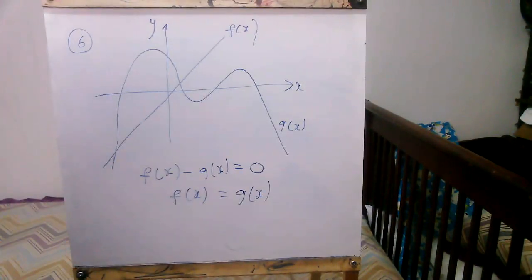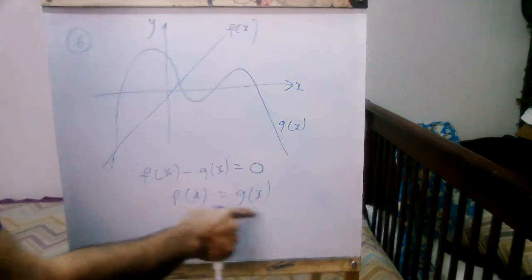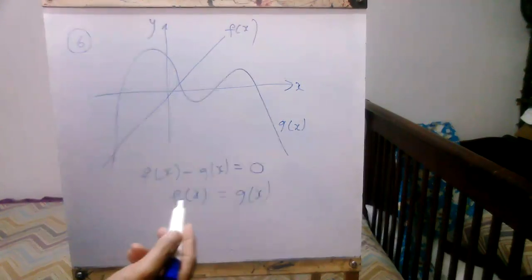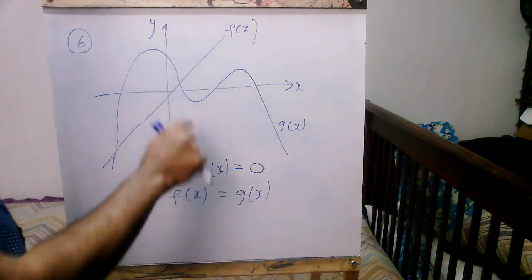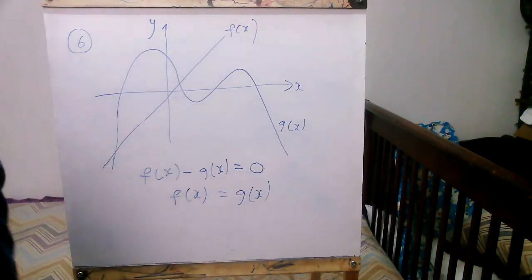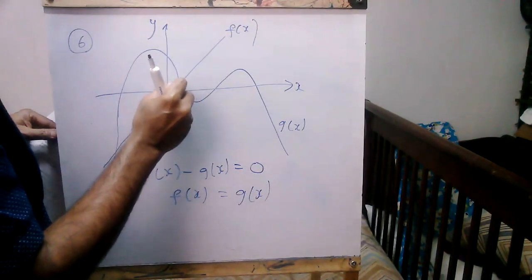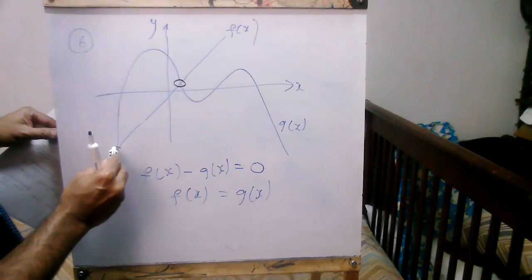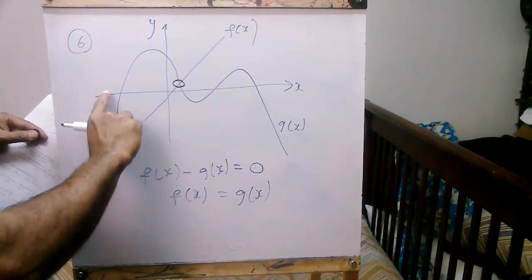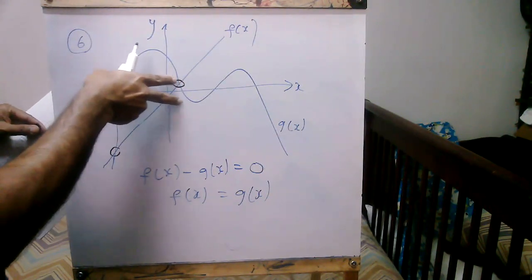What this means is the heights from the x-axis are equal. So how many places are they equal? Right here, and, using a different color, this place and this place. The heights of both f and g are the same here and here.